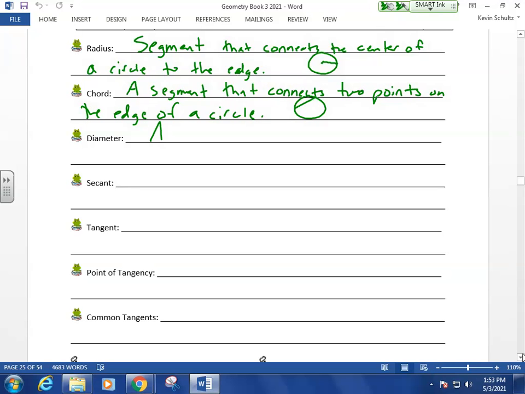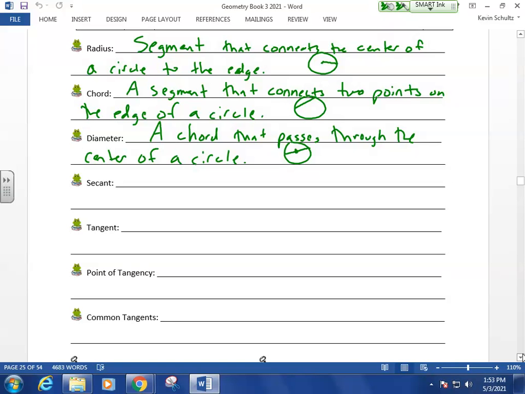The diameter is a chord that passes through the center of a circle, okay? And whenever you see a dot, that represents the circle's center. So even though it looks like I didn't quite hit the center there, since I've labeled it the center, you can safely conclude that is the center of a circle.